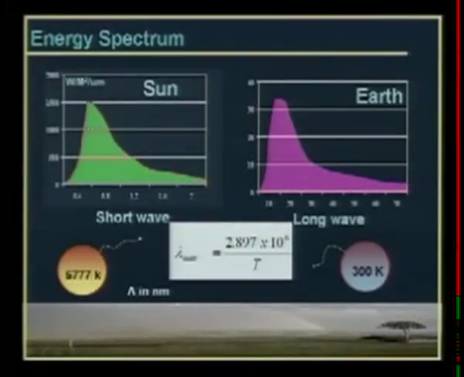So these are just the basic things which we need to understand, but we will come back to something to give you the understanding of the short wave and the long wave radiation. As we said last time, when the radiation comes from the sun, it is mostly in the short wave range.